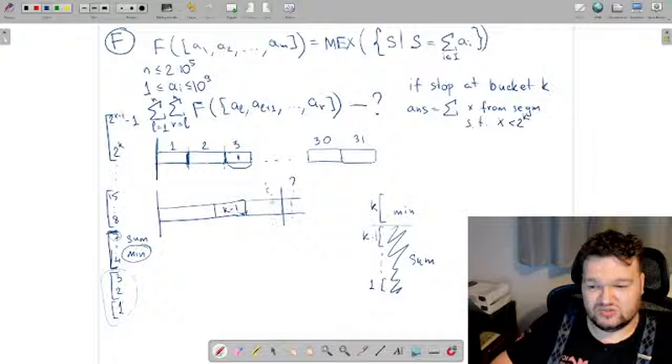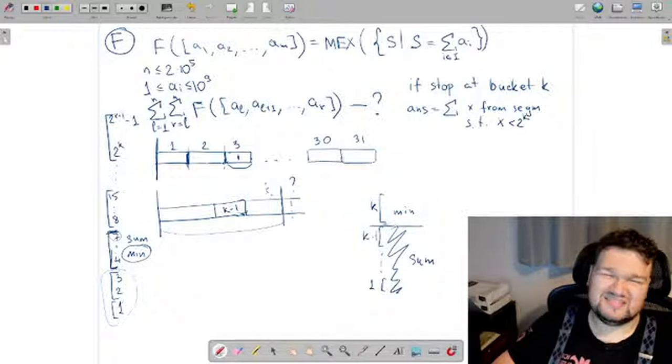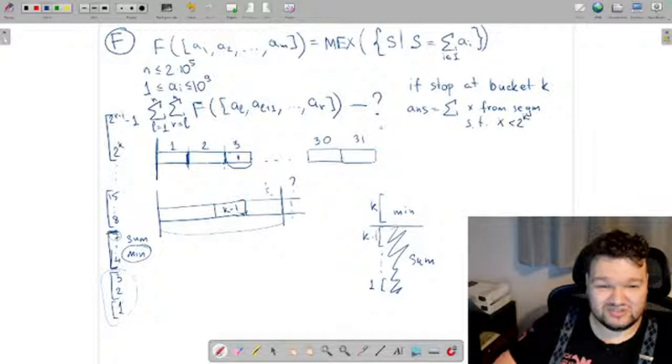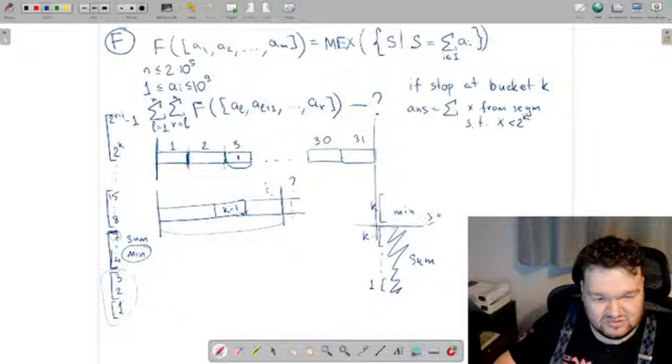All right. So to answer will we stop at bucket k, we need to know the sum on this segment of the values that are smaller than 2 to the power of k, and the minimum in this bucket, but technically it's fine to say just the minimum over all the values that are at least 2 to the power of k.